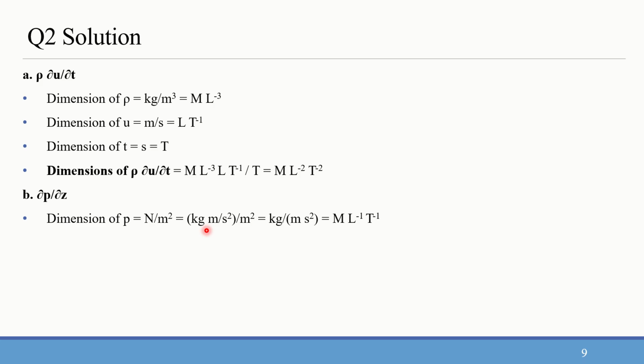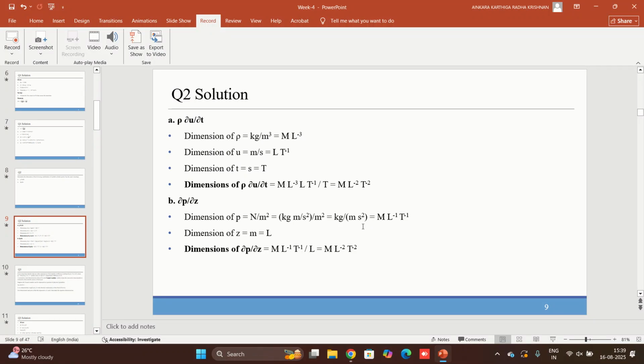So it becomes kg per meter into second square, as one of the meters gets cancelled. So it becomes kg by meter second square. How will we write it? Kg is M, so M L minus 1 T minus 2. And the dimension of Z is meter, or it is L.